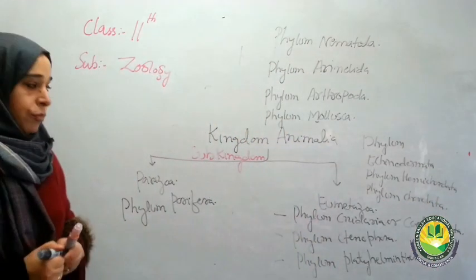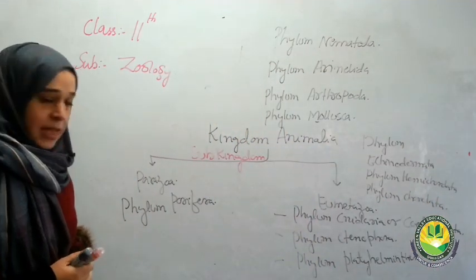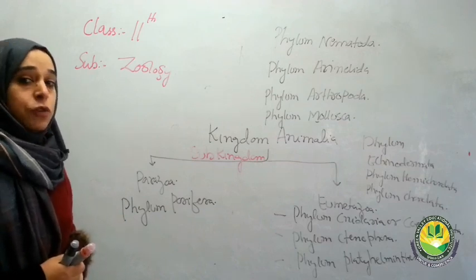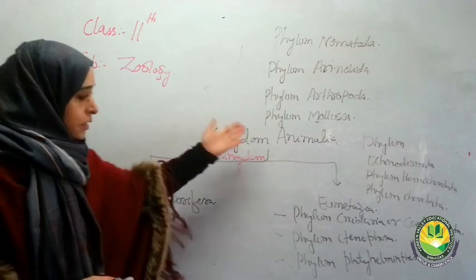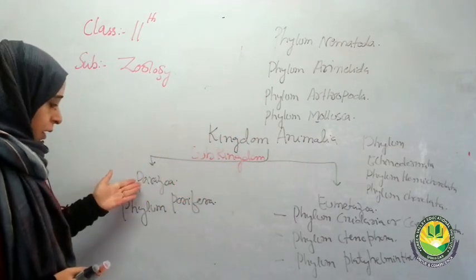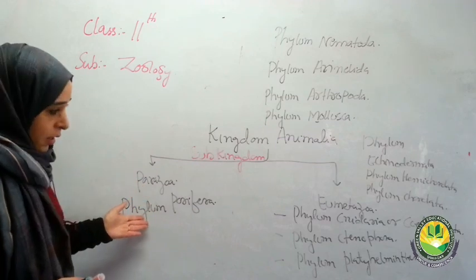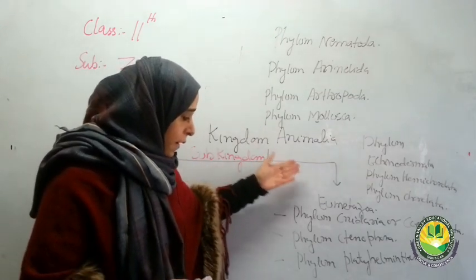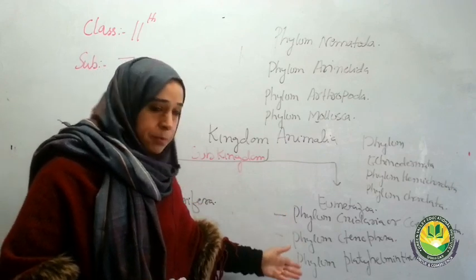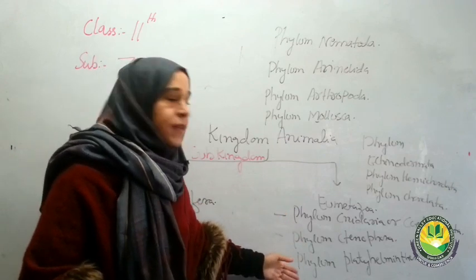Dear students, this is just the outline of a classification of the kingdom Animalia on the basis of the features that we have discussed earlier. The kingdom Animalia is divided into two sub-kingdoms, the Parazoa, which includes the phylum Porifera. Then we have the Eumetazoa, which includes the phylum Coelenterata, phylum Ctenophora, phylum Platyhelminthes, commonly known as the flatworms.